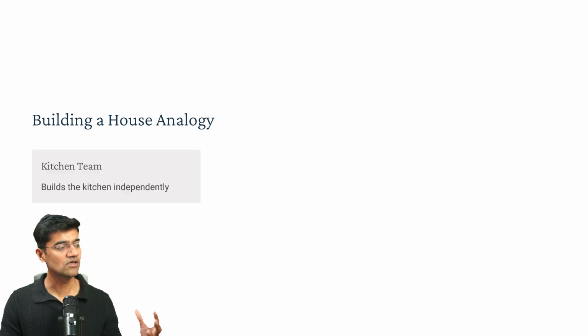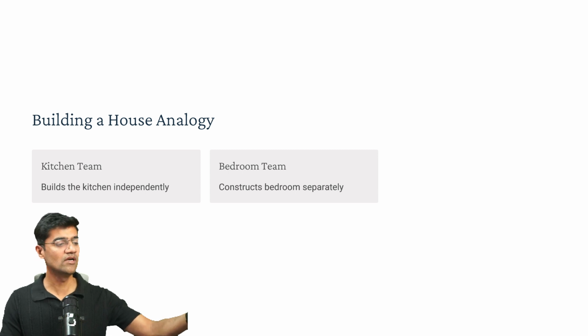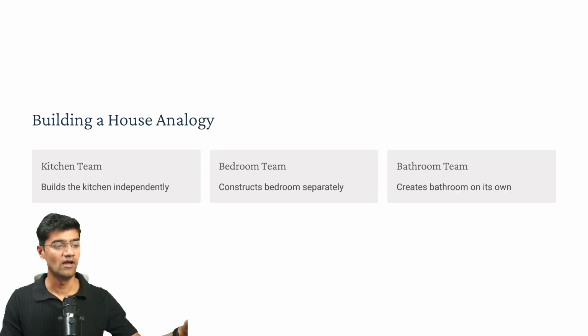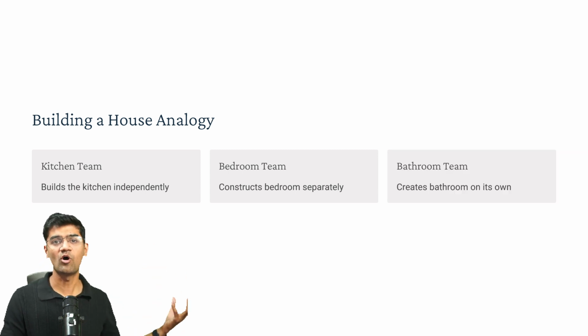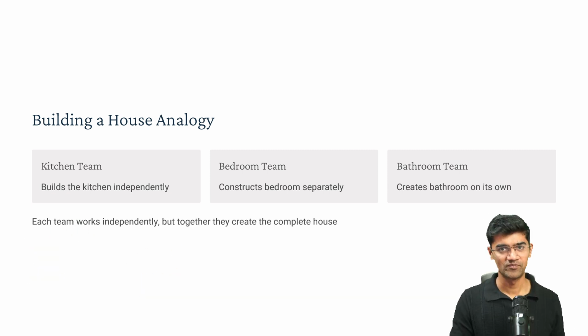In a house, a team builds a kitchen, another team simultaneously builds the bedroom, right? And another team works on the bathroom and bathroom tiling, but overall they build a house together. So the kitchen is a separate module, the bedroom is a separate module, and the bathroom is a separate module. Three or more teams are working together and building a house.